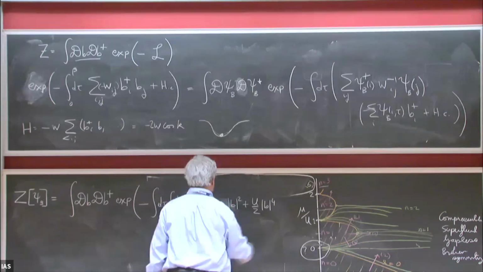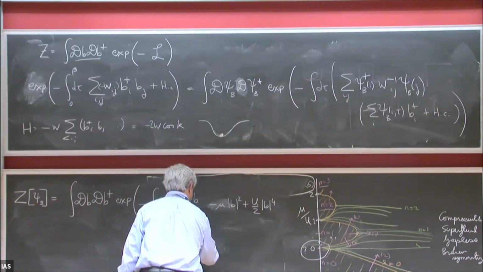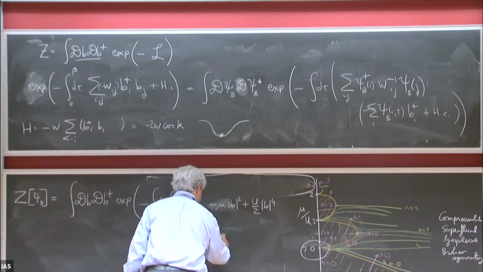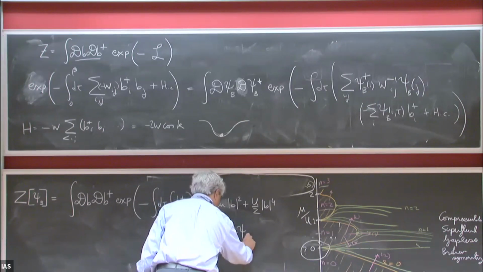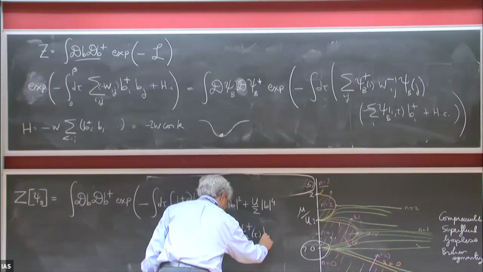And then I have the term minus psi b of tau b dagger minus psi b dagger of tau b.